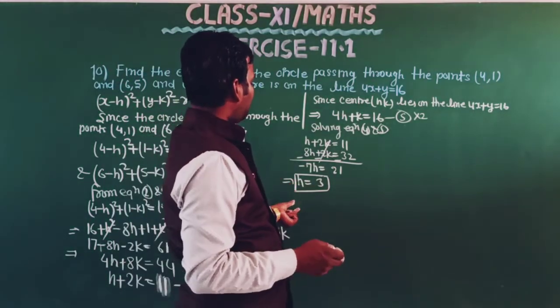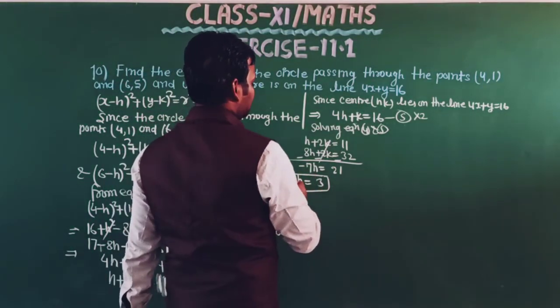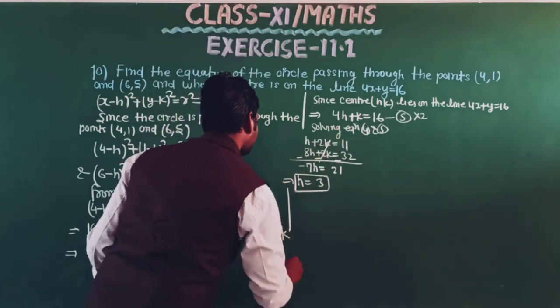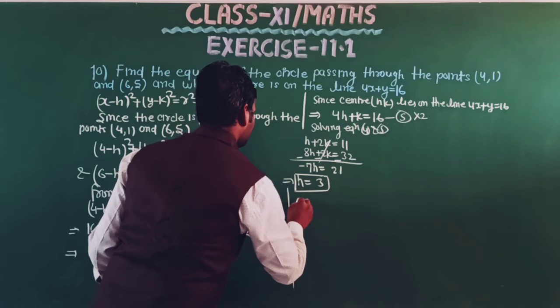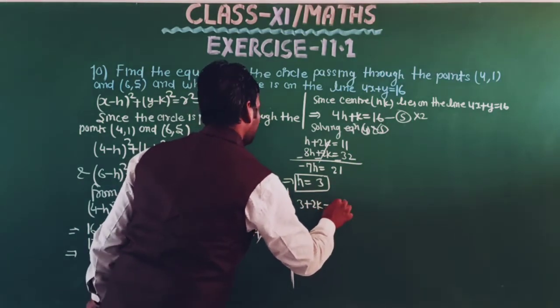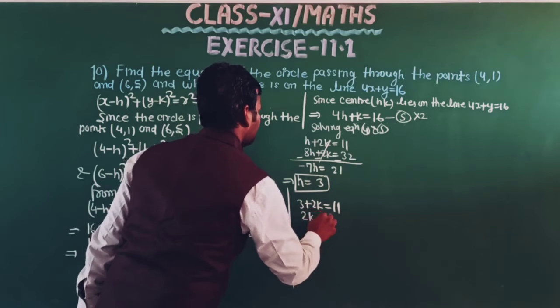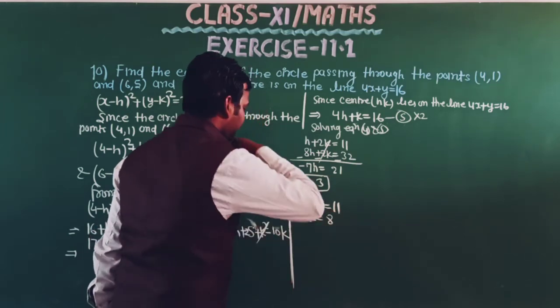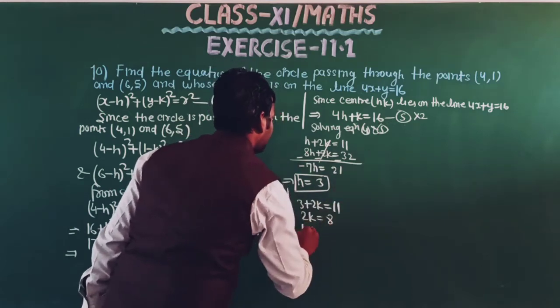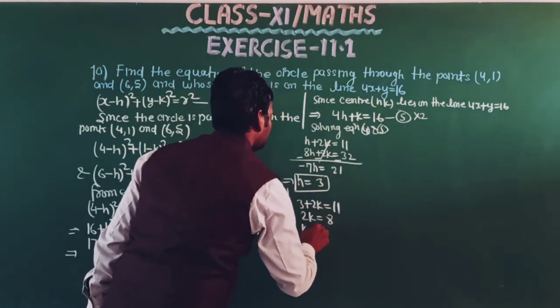So we have to find the value of k after substituting the value of h in equation 4 or 5. So this is 3 plus 2k equal to 11, so 2k equal to 8 and k equal to 4.